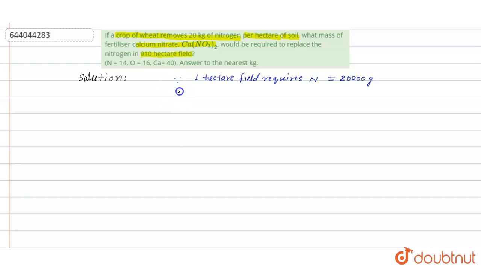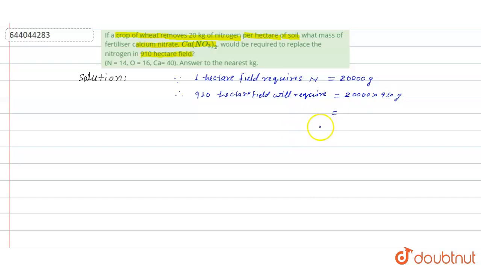Hence, 910 hectare field will require nitrogen equal to 20,000 into 910 gram.